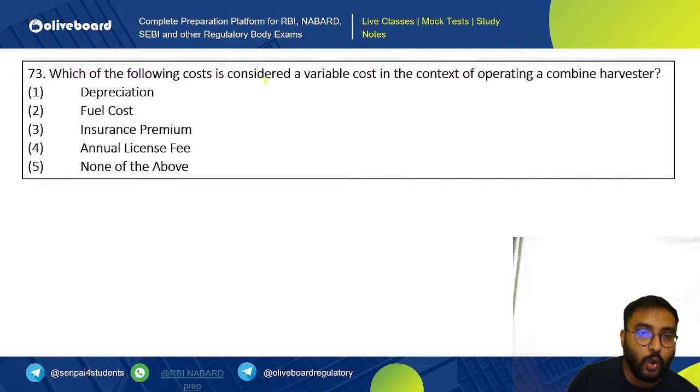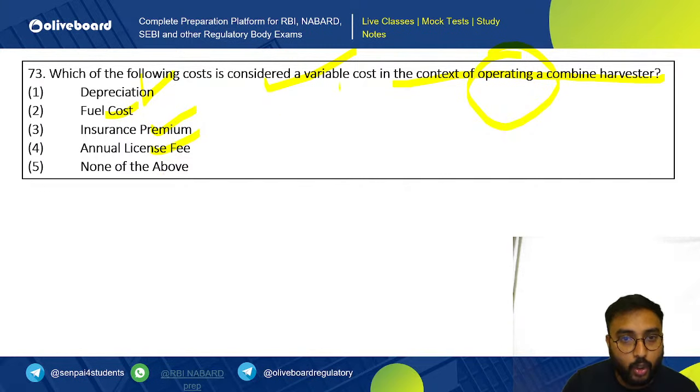Which of the following costs is considered as a variable cost in context of operating a combine harvester? Depreciation, fuel cost, insurance premium, annual license fee, and none of the above. Now let me tell you one thing. Variable cost is asked.